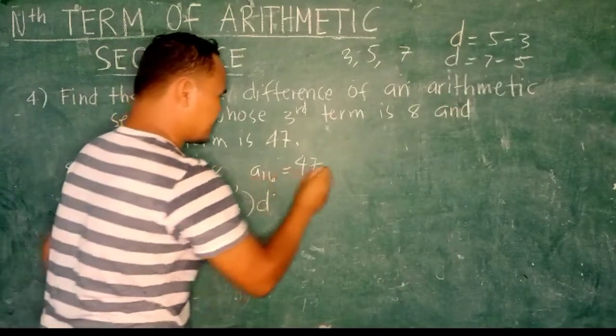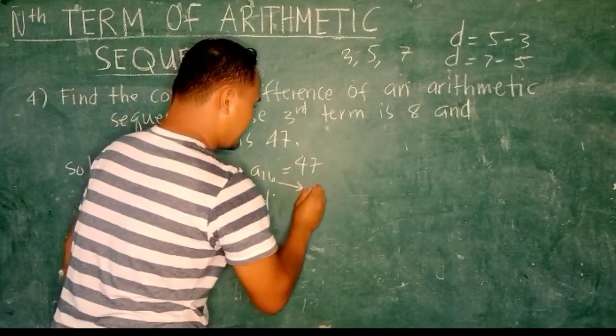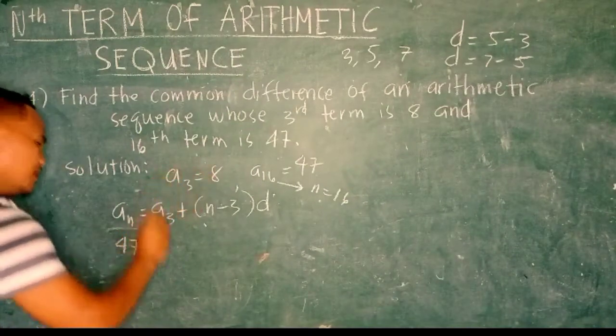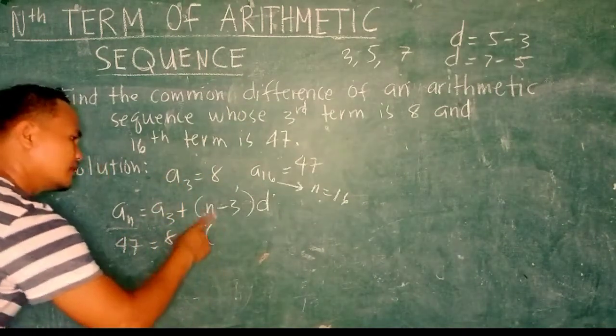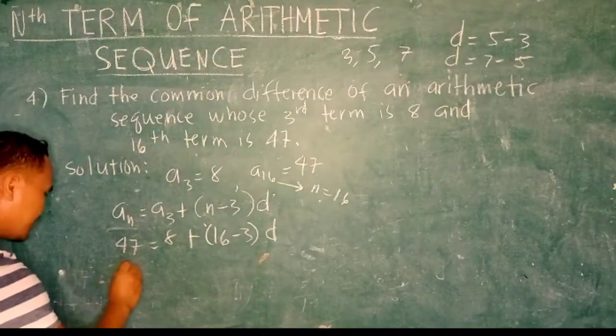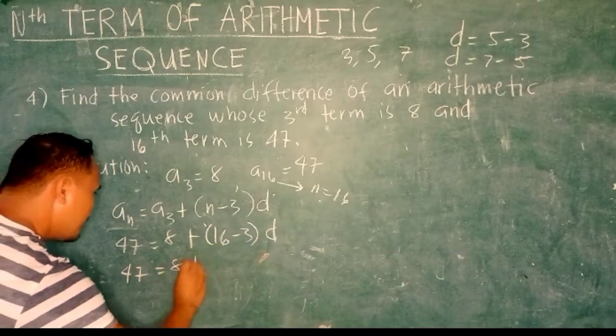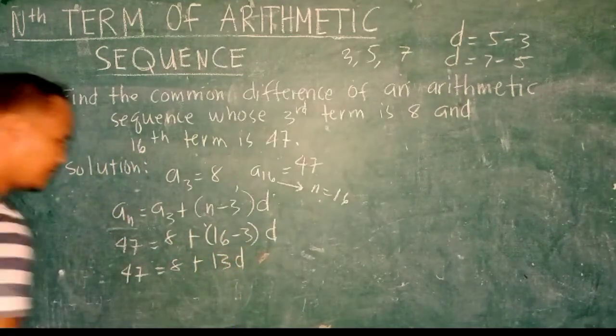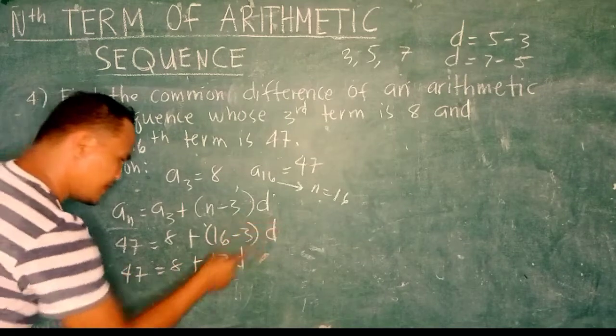Again, A sub 16 implies that our n here is equal to 16. So, substitute: 8 plus 16 minus 3 times D. Okay, 47 equals 8 plus 16 minus 3, that's 13, times D.